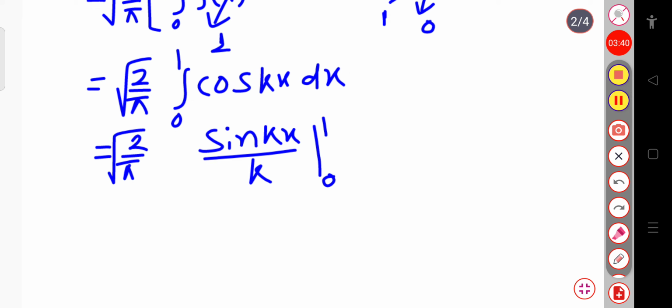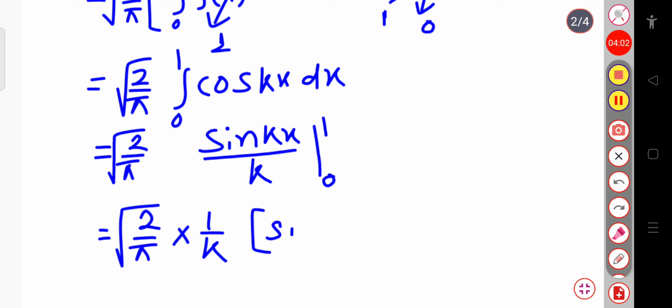Now if I put the value of x here, this will be equal to root over 2 by pi into sine k into 1. We first put the upper limit, then the lower limit, and 1 by k is taken common. So this will be sine k minus sine k into 0 for the lower limit, that is sine 0, and sine 0 is again 0.